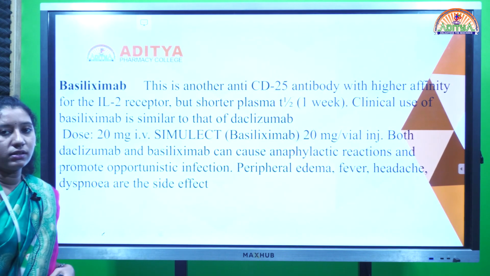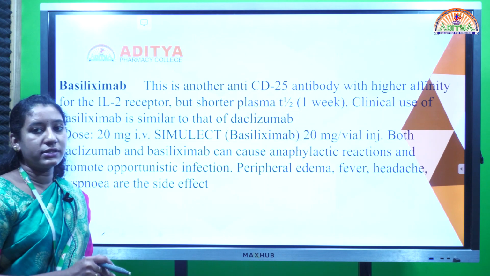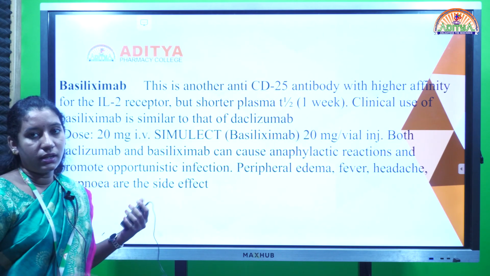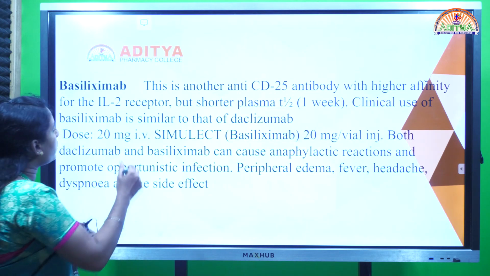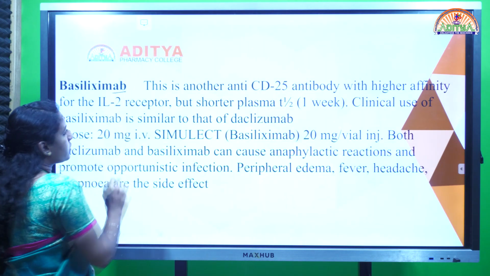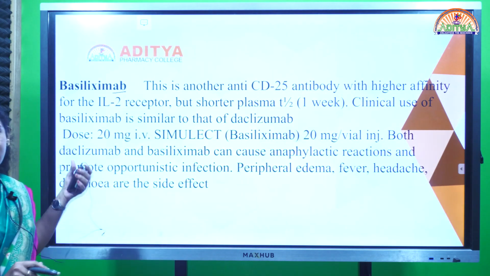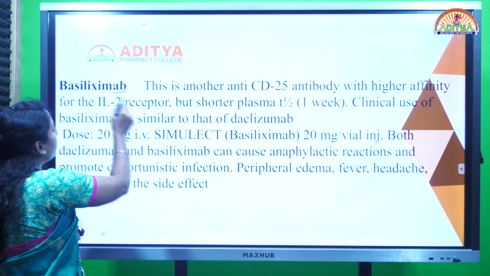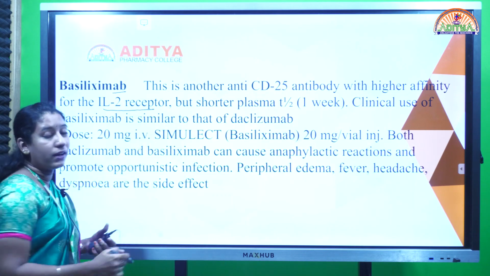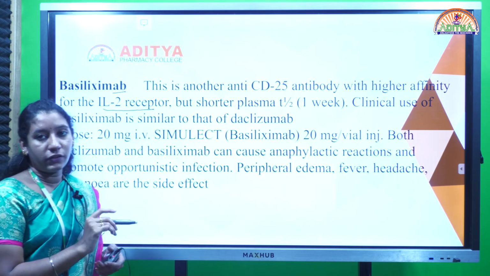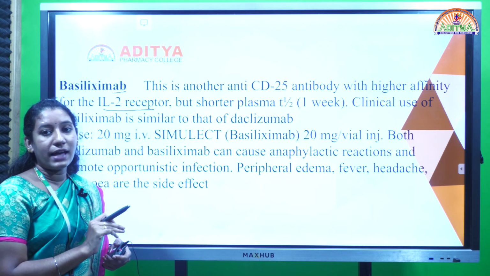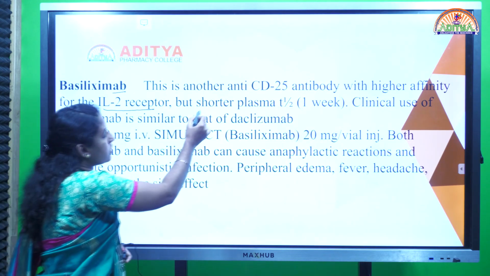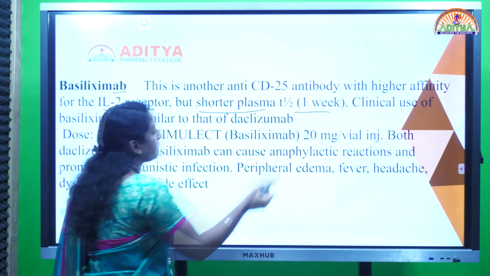The next drug in this IL-2 receptor antagonist class is basiliximab. It is similar to daclizumab. MAB means it also belongs to the antibody class, that is, it is an anti-CD25 antibody and it has a higher affinity for the IL-2 receptors, but compared to daclizumab, which has the longer half-life, this drug has the shorter half-life, like 1 week.